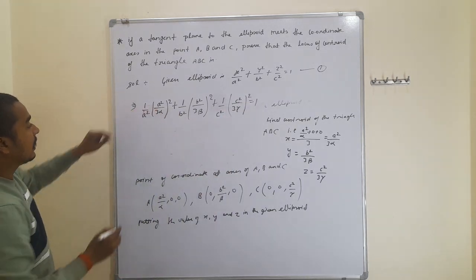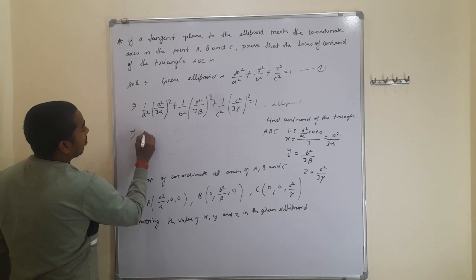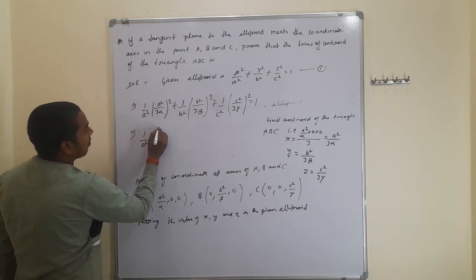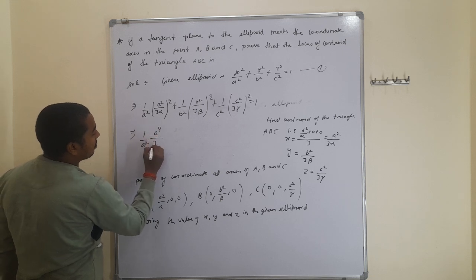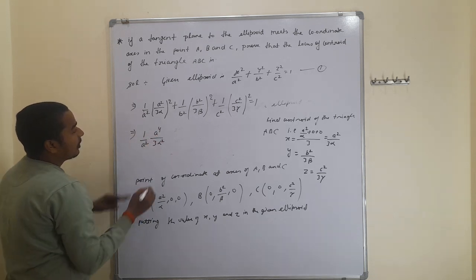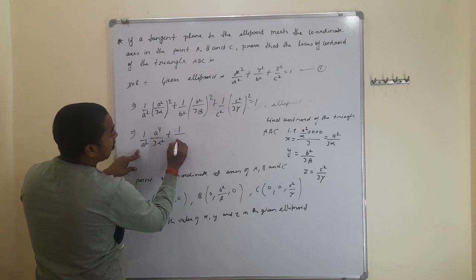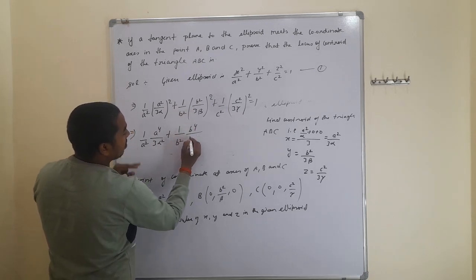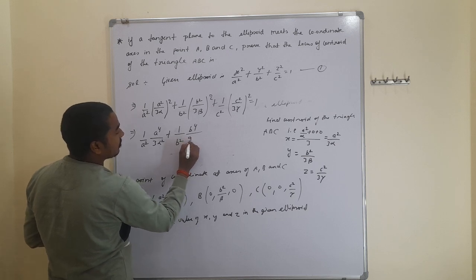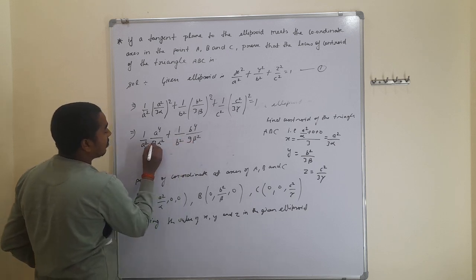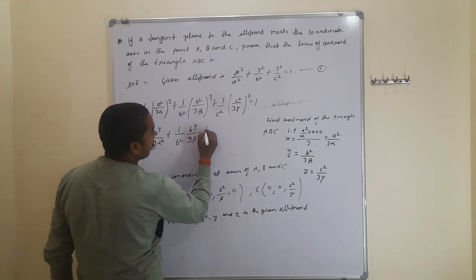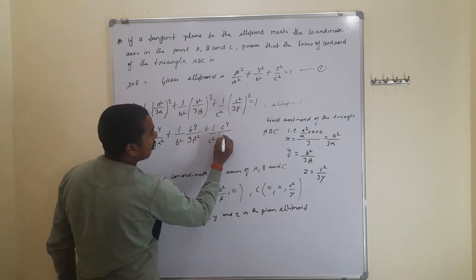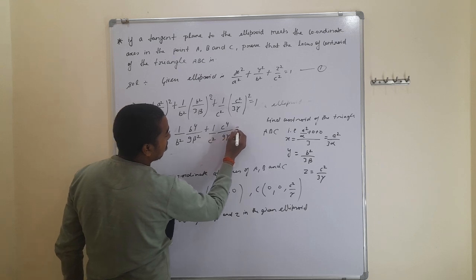Further we have to solve. That is 1 upon a square, and here is a to the power 4 upon 9 alpha square, plus 1 upon b square, and here is b to the power 4 upon 9 beta square, plus 1 upon c square, and that is c to the power 4 upon 9 gamma square is equal to 1.